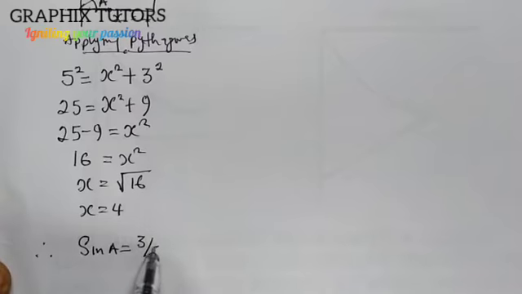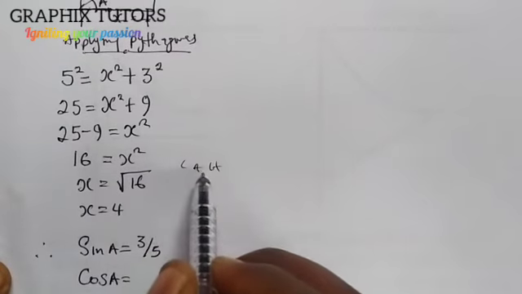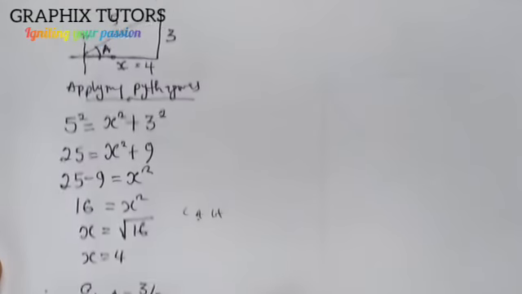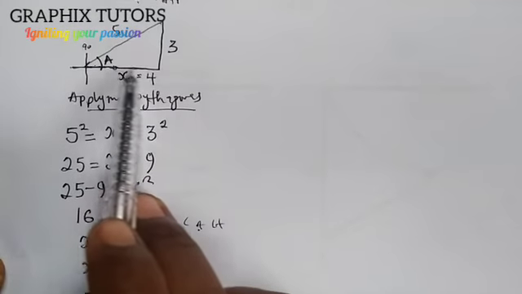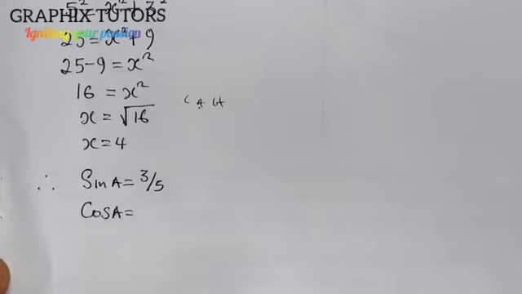Therefore sine A is 3 over 5, right? Cos A, from the word CAH, is adjacent over hypotenuse. So from our triangle here, this is our adjacent, which is 4, hypotenuse, which is 5. That will be 4 over 5, right?